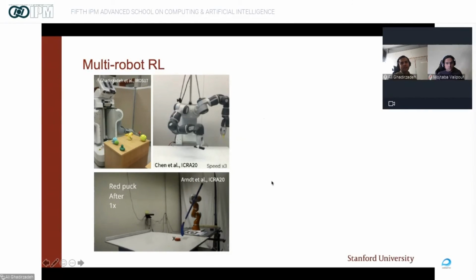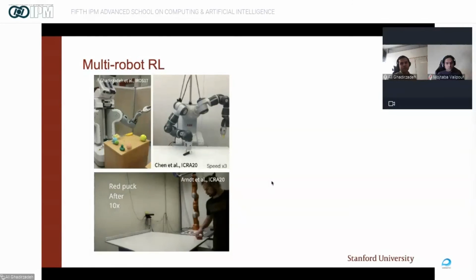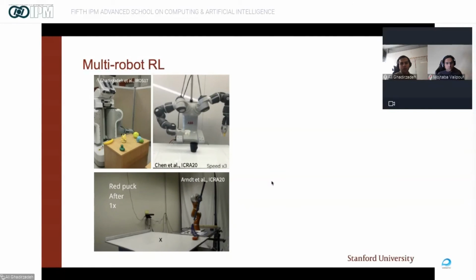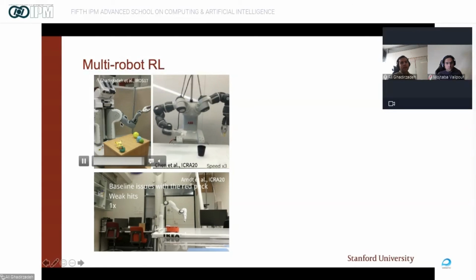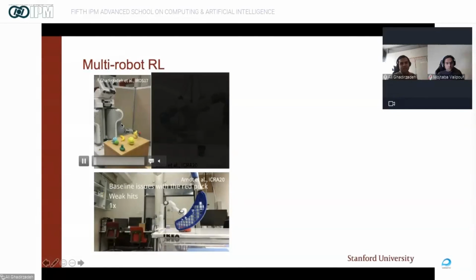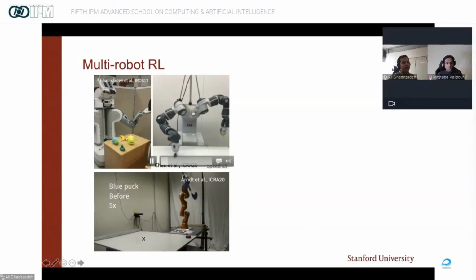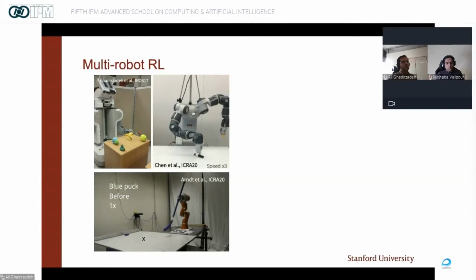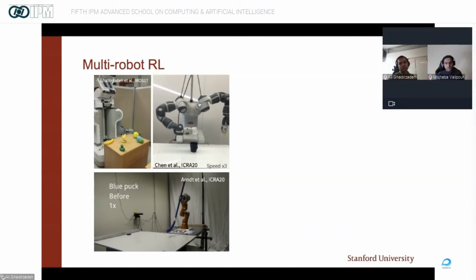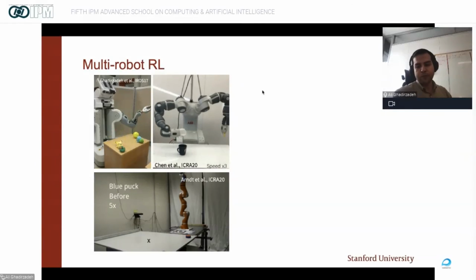The problem here is that we are unfortunately learning on only one robotic platform, and the policy learned on this robot cannot be transferred to the other robot. Basically the entire policy is rendered useless if you want to apply it to a new robotic platform.